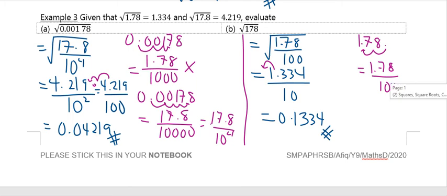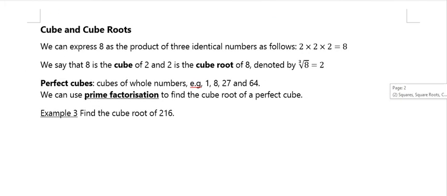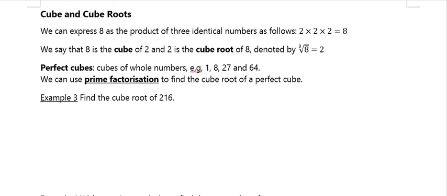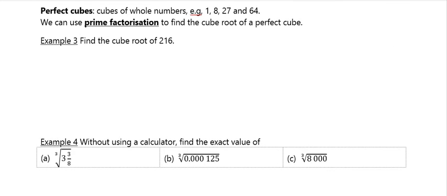Okay, let's proceed to the next one, when you have to encounter cube and cube root. Here the same idea applies, but you have to do it in terms of cube root. So here you have to use also prime factorization. So let's start with this one. Okay, 216. Let's do it by division of root.